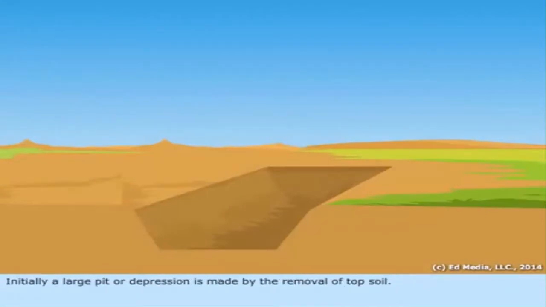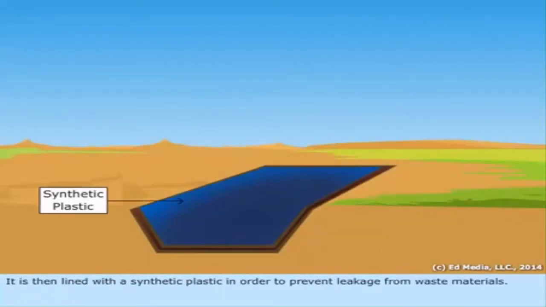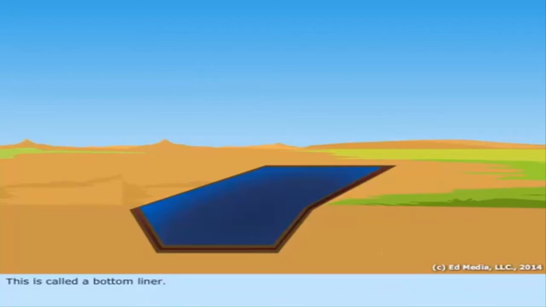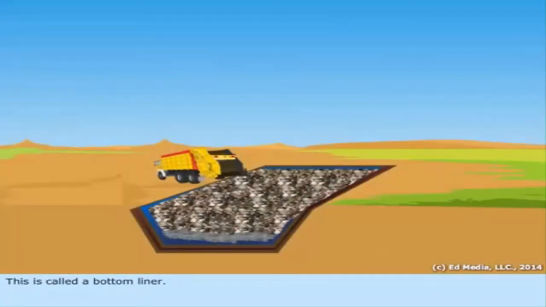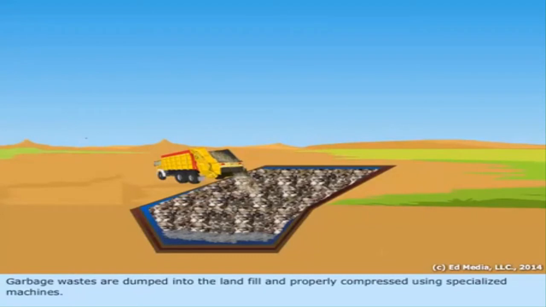Initially, a large pit or depression is made by the removal of topsoil. It is then lined with a synthetic plastic in order to prevent leakage from waste materials. This is called a bottom liner. Garbage wastes are dumped into the landfill and properly compressed using specialized machines.